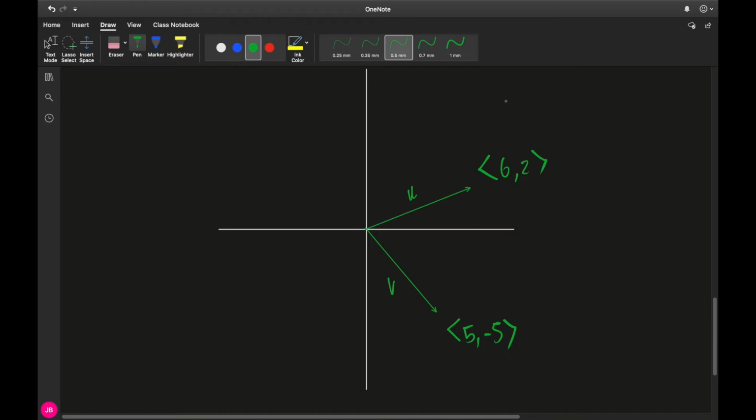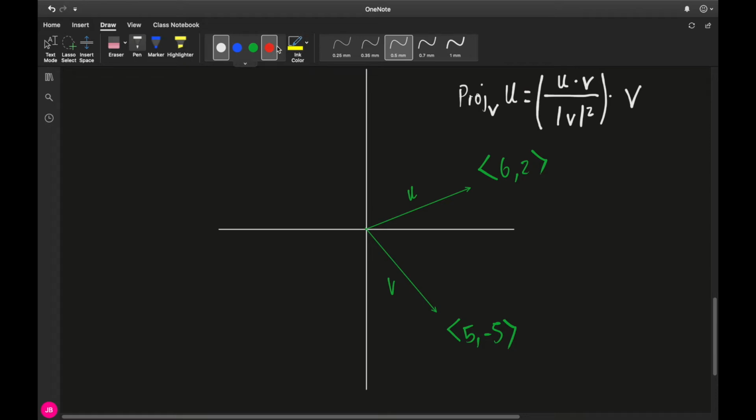Now, if we are trying to project vector u onto vector v, then the formula, again, is going to be the dot product of u and v divided by the magnitude of v squared, all times the component form of vector v.